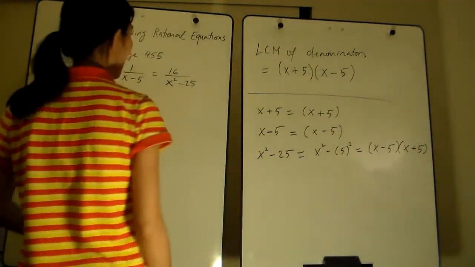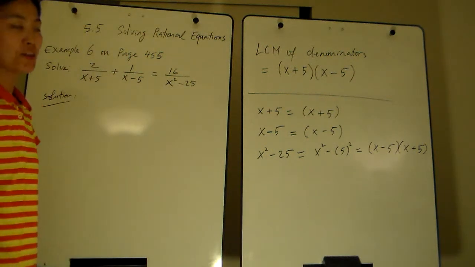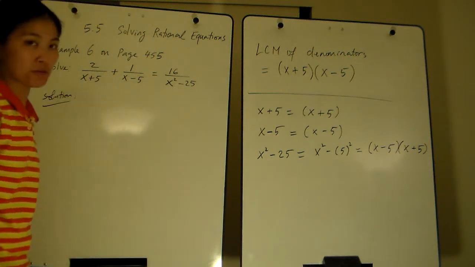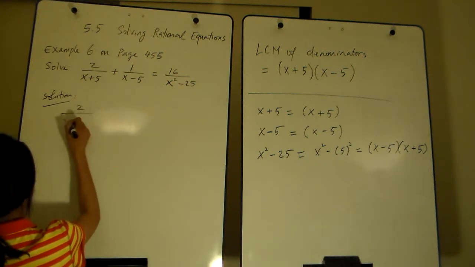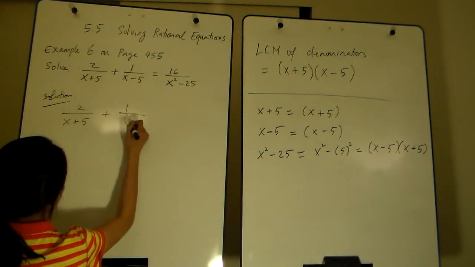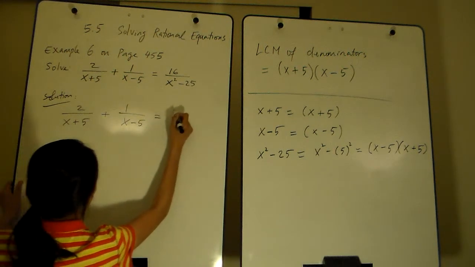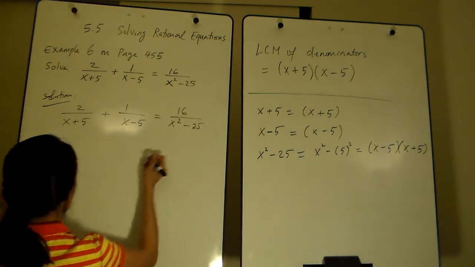Knowing that, we can multiply the LCM on both sides of the equation, which will remove all the denominators. Let me rewrite the equation: 2 over x plus 5 plus 1 over x minus 5 equals 16 divided by x squared minus 25.